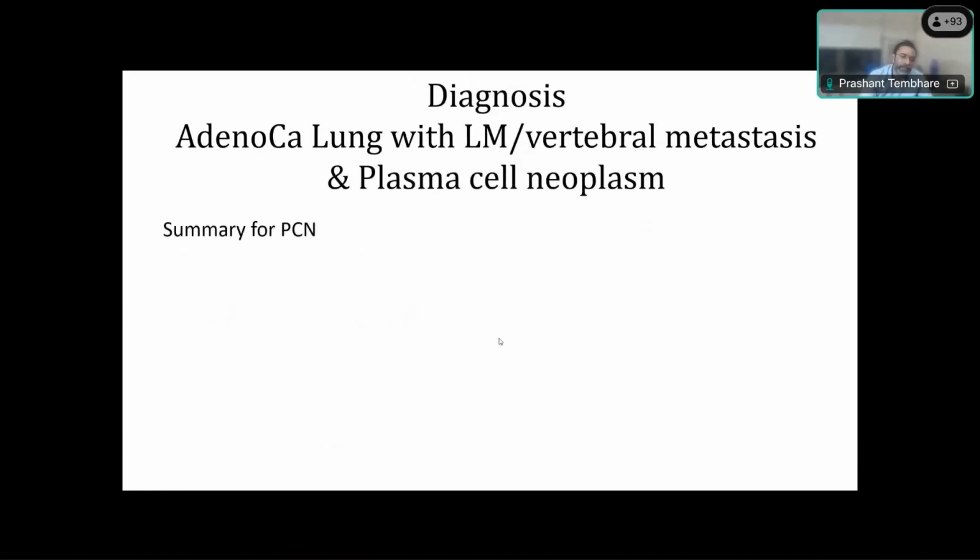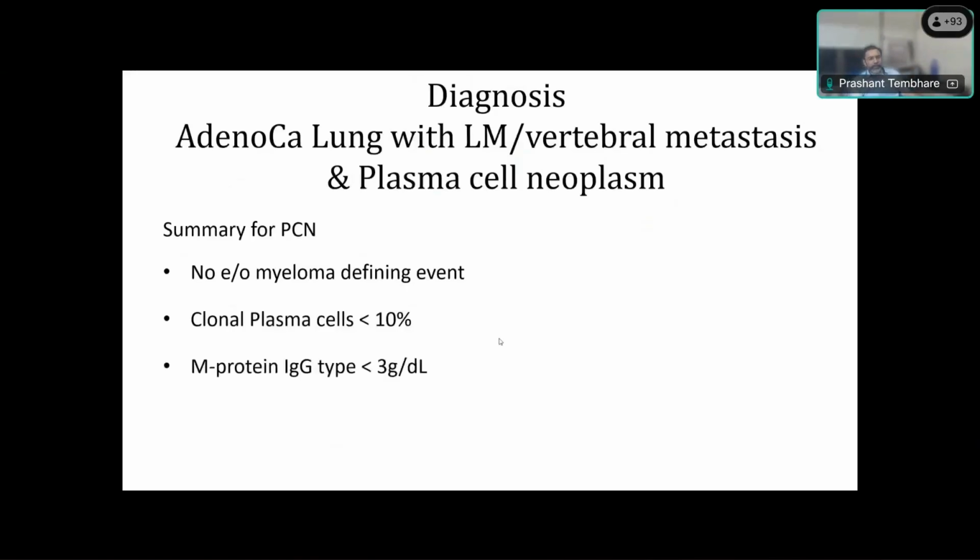Let's summarize the findings related to plasma cell neoplasm here. There is no evidence of myeloma defining lesion in this because you can see there was no CRAB feature other than that lytic lesion which is associated with metastasis, but otherwise the renal functions were normal. There was no anemia and the calcium levels were normal. Then the plasma cells were less than 10%.